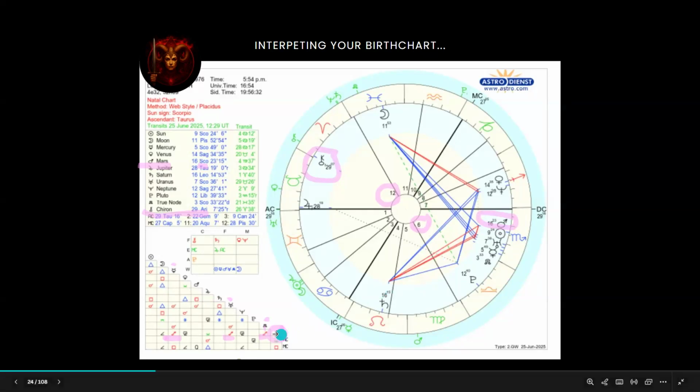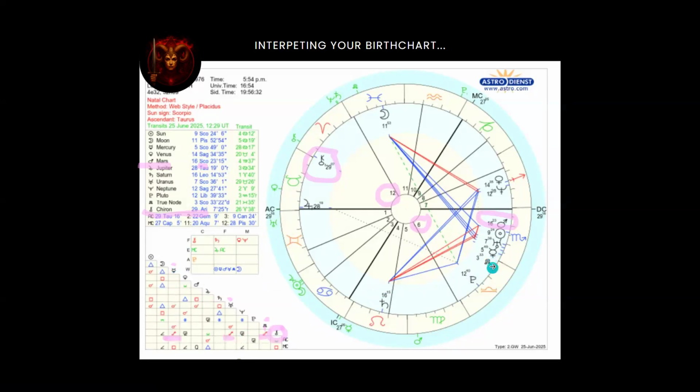Then we can check to see what is opposite. We can see here as well, it is opposite the true node, Uranus, and also Mercury. So true node, Mercury and Uranus are all opposite. And they're all in the 6th house, which is the house of work, routine, health, and fitness. So there may be some activation there.